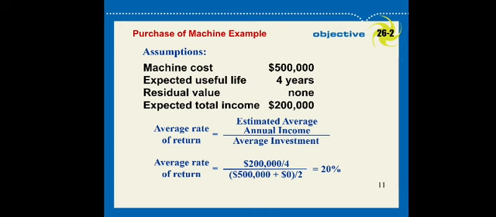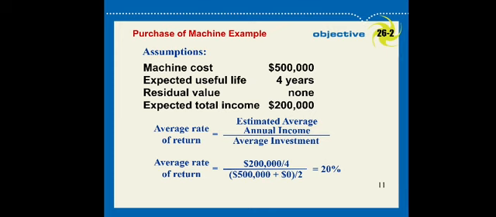Let's see how to calculate the estimated average annual income. The estimated average annual income is the expected total income, 200,000, divided by the useful life, so divided by 4 years.